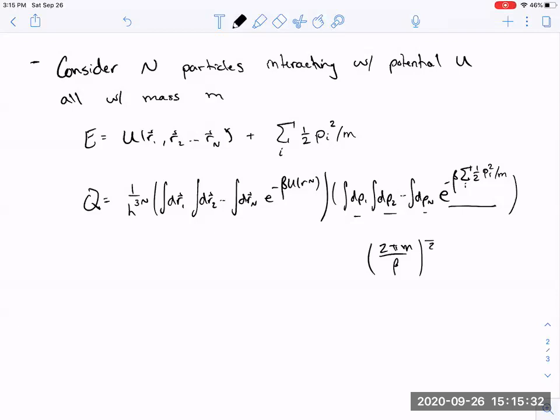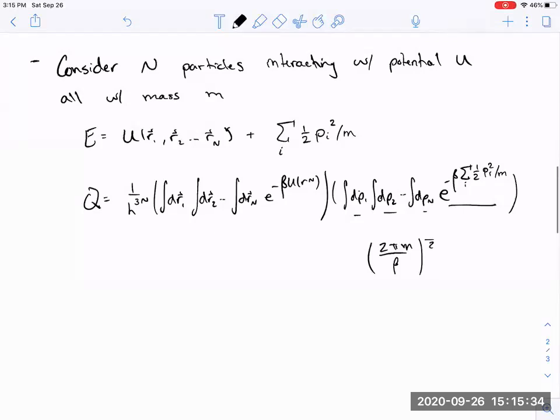But now I need to count how many integrals I've done. These are vectors, so there are 3 of them in each one of those integrals I've written. And then there are n particles to integrate over. So altogether, I have 3n factors of that Gaussian integral.